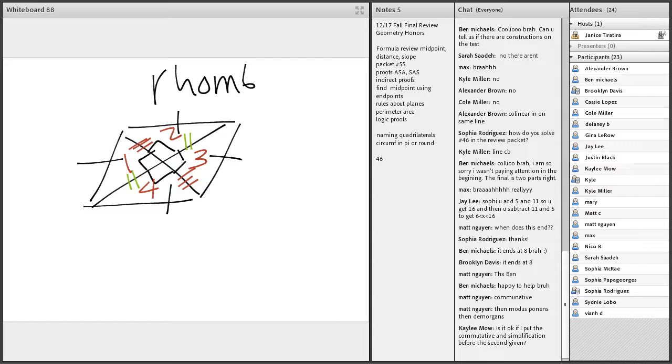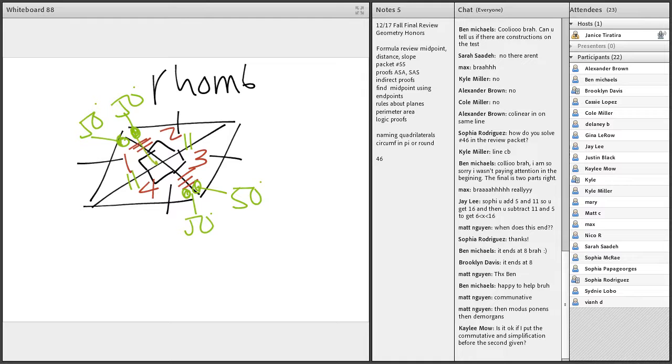And that leads me to say that these corner angles got bisected as well. They're the same. So if this is 50, this has to be 50. If it's a rhombus, this has to be 50, because these 2 triangles are the same. And then same goes for here.